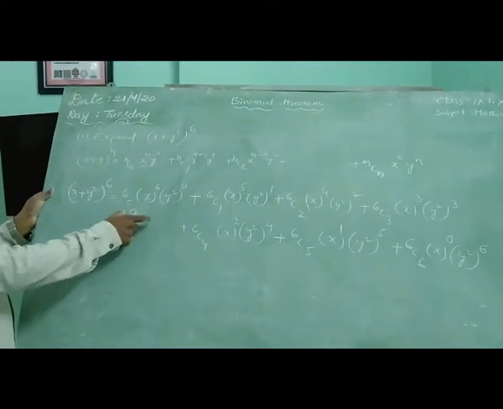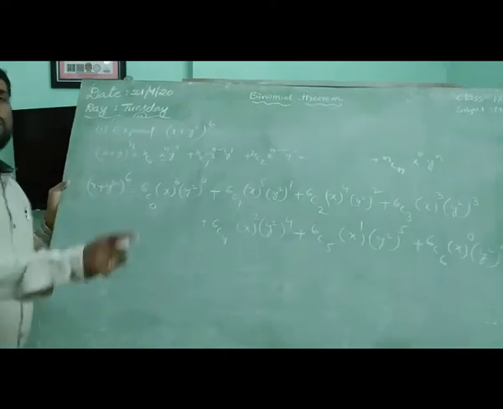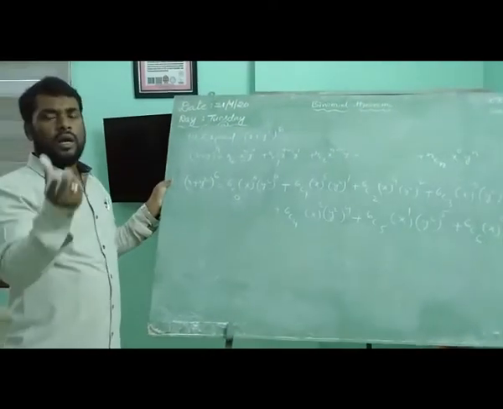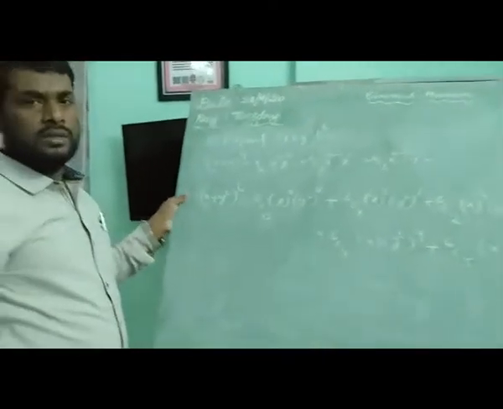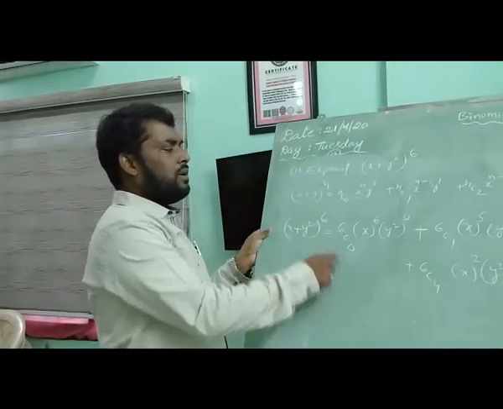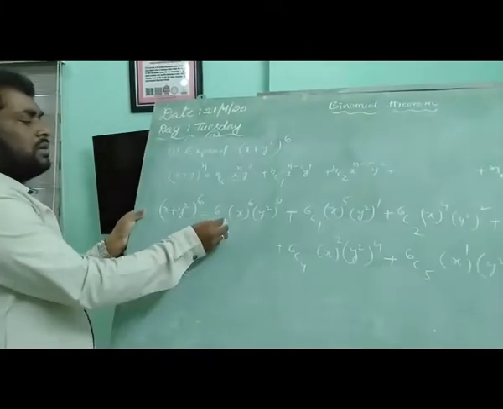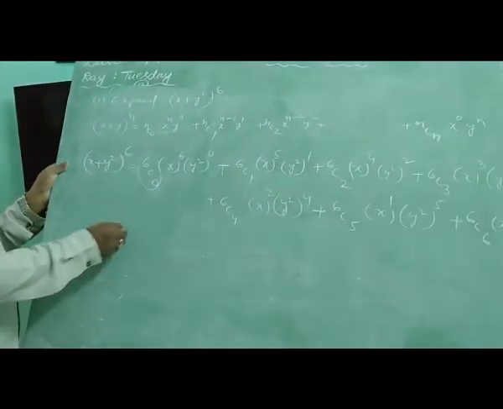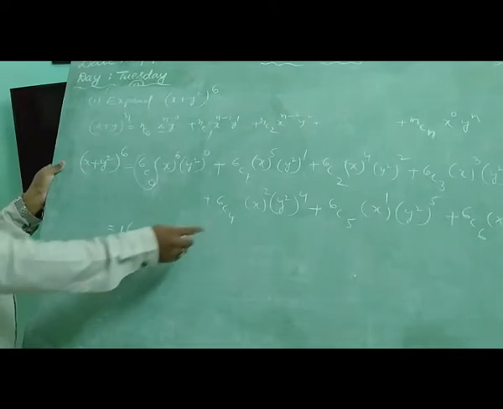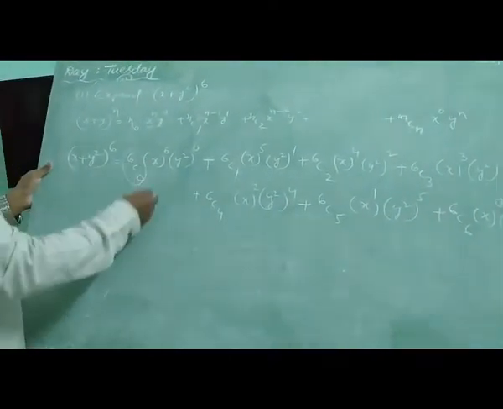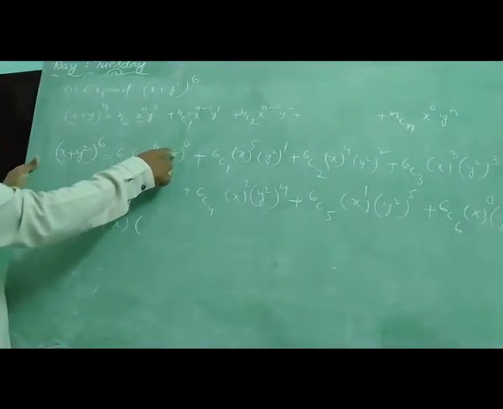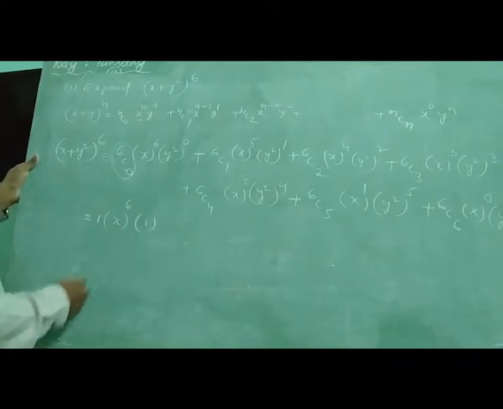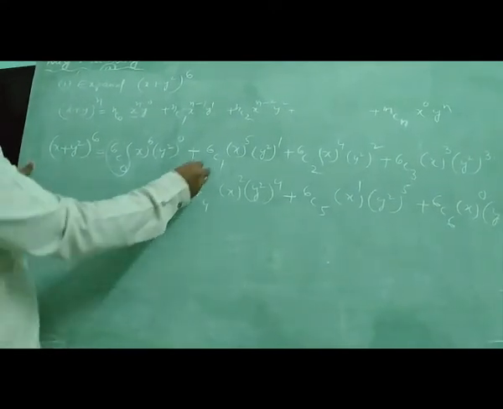So while writing this expansion, you should follow the same observations that we observed previously from binomial expansions of various exponents. Right, so you know already the first coefficient is always 1 and the last coefficient is also always equal to 1. No problem. It is x to the power of 6, (y square) to the power of 0. The value of a to the power of 0 is 1, so this value is equal to 1. Now what is 6C1?